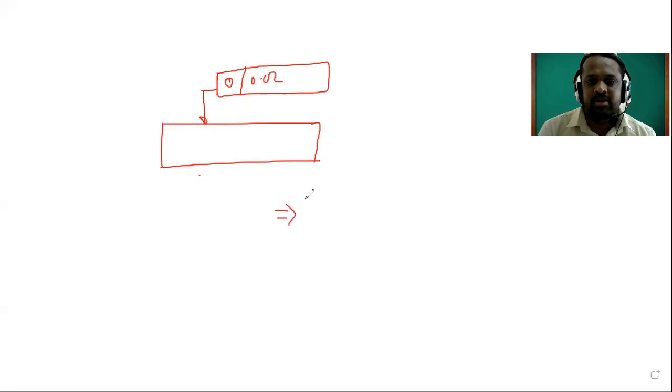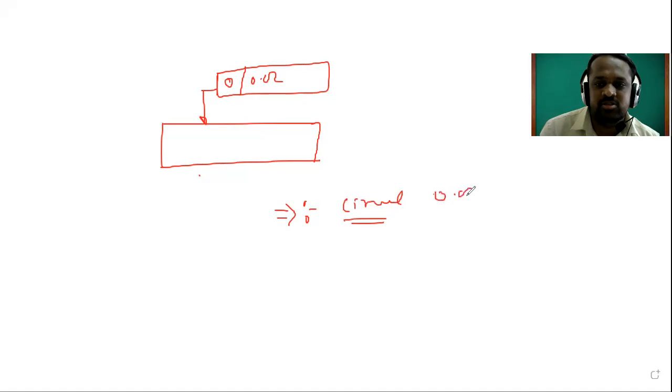In this manner also they will ask the question. How do you write it? What is the answer for that? The circularity of that component. The circularity of this component within tolerance 0.02 micron, like this. So, understood?